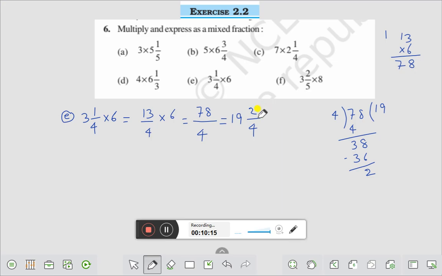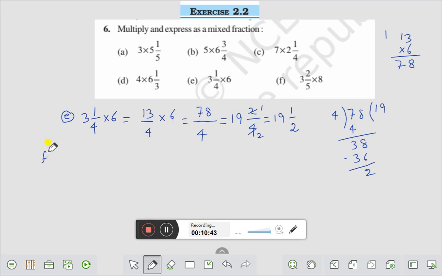That is 19, 2 by 4. And we can also change it, that is 2 by 4 can be changed into lowest terms, that is 2 1 is 2 and 2 2 is 4. That comes to 19 whole 1 by 2, right?